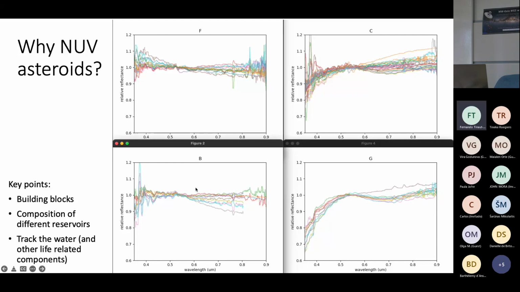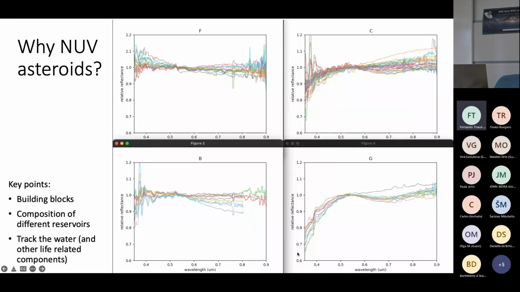We have to know that different spectral shapes have already been classified in different taxonomies that are named with different letters. I have put here only four taxonomies inside the primitive asteroids.